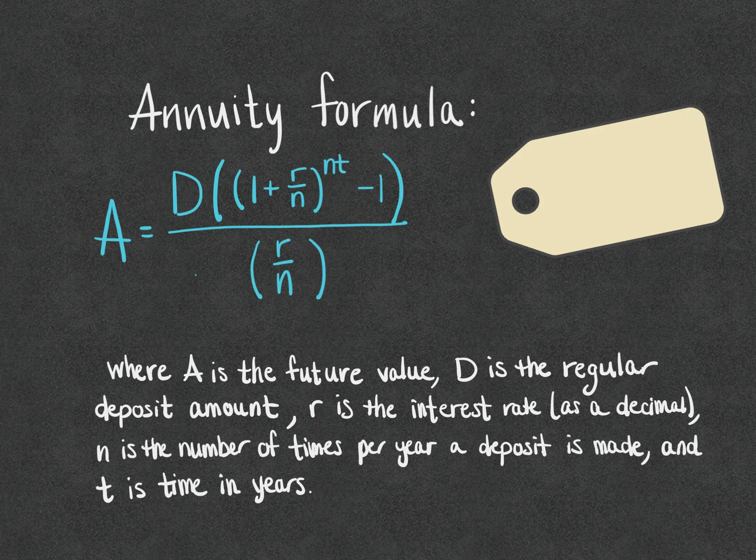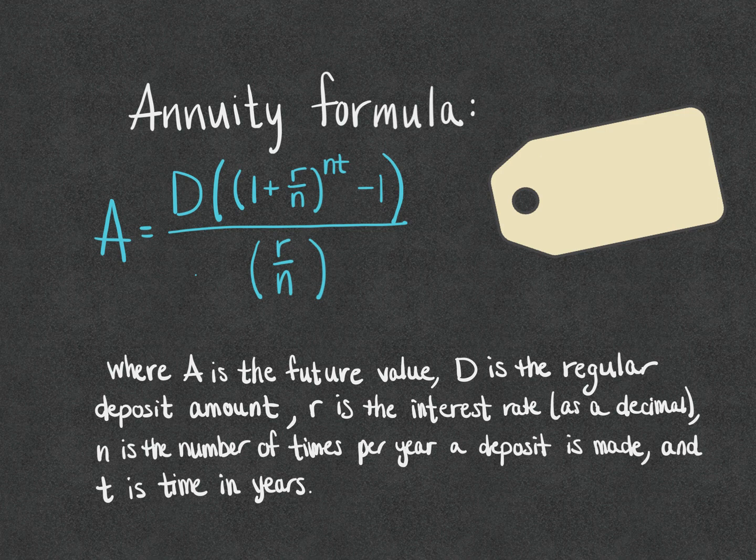The annuity formula is the one you see here, and yes, it's kind of big and it can look a little intimidating at times. There are two sets of parentheses in the numerator, and do make sure you get both of those in place. Also, this -1 gets left off a lot by students, so please be sure you remember to include that. In this formula, A is the future value, in other words, the total in the account years down the road.